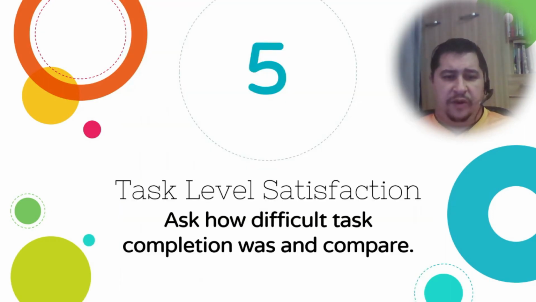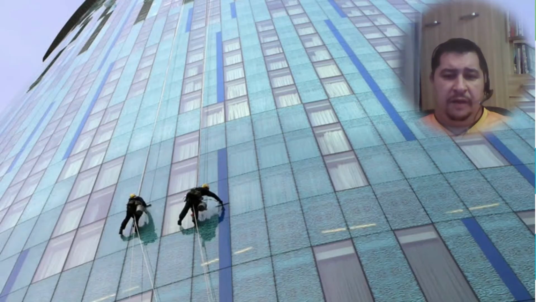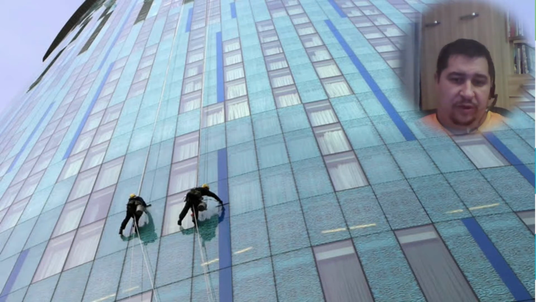And the fifth metric is we actually make the users complete that task, and after completing it they say how difficult it was. We compare their expectations with the reality, and this is how we measure their expectations against the final outcome of what they have done.